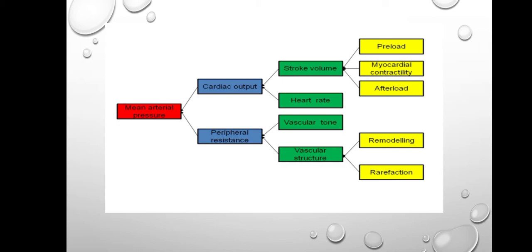Afterload, we talked about the pressure that the heart has to overcome to pump blood out. And we said if the pressure is high, the heart will be overworked to pump that blood out against a higher pressure gradient. So that can affect the stroke volume at the end of the day. Contractility, we talked about the force at which it ejects.